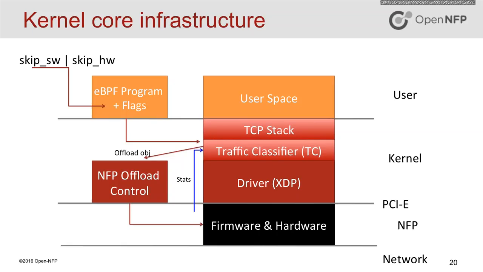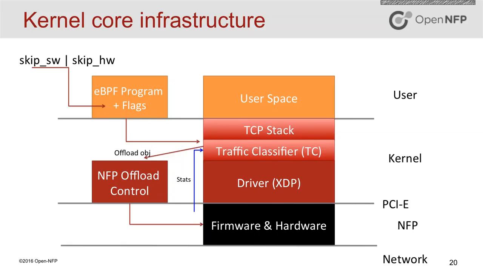If no flags are specified, the offload is done fully transparently. That is, the program is handed to the Traffic Classifier, and if offload is possible, it will happen, and the program will be running in the hardware. And if the offload is not possible, the Traffic Classifier will handle running the program.